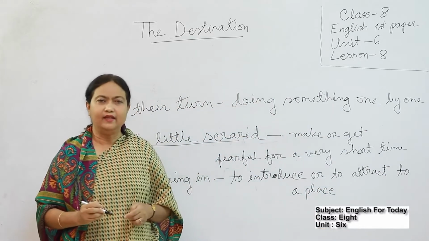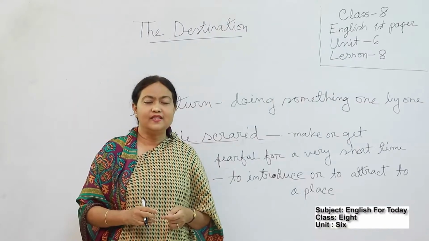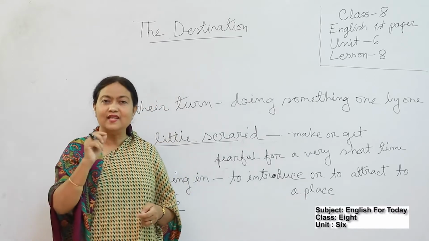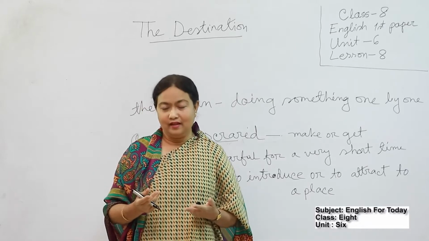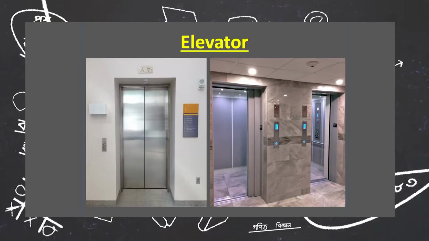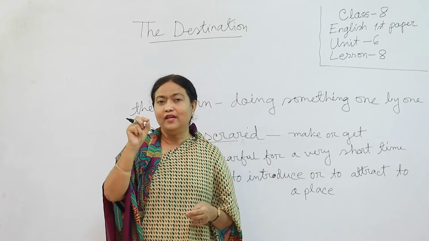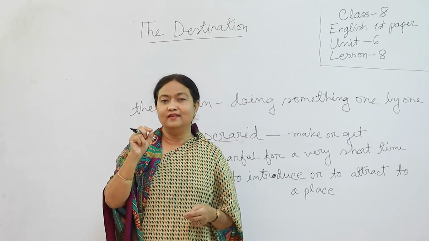Okay students, there is another phrase, said 6. Have you noticed it in your passage, said 6? What is said 6? Okay, I am giving an example. When we enter a lift or an elevator, what do we usually notice? When we press the button, there will be a call. Okay? It is called a sound sensor.